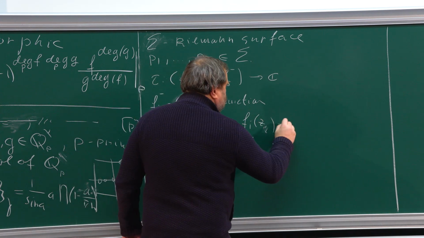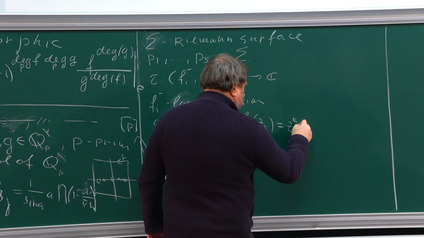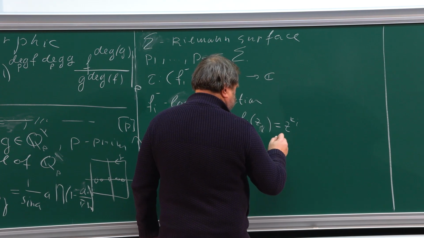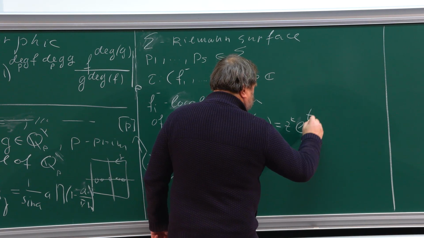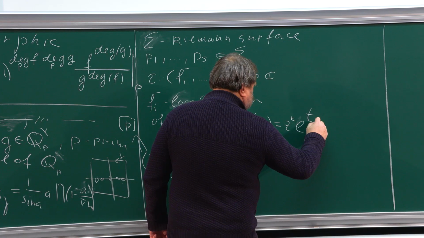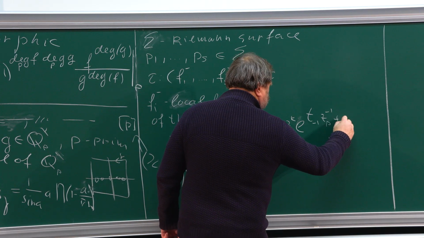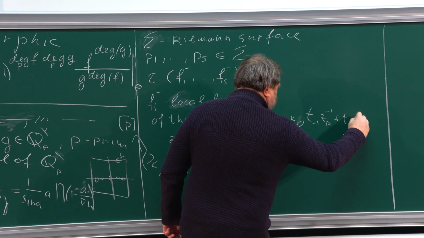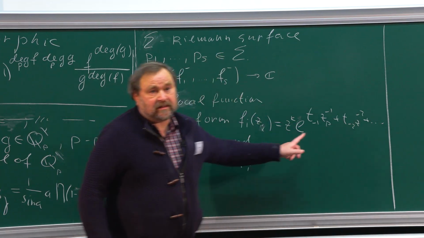And here it is equal to z to the k_i, z to the k_i e to the t_1 z to the minus 1 plus t_minus 2 z to the minus 2, etc. This is a finite polynomial.